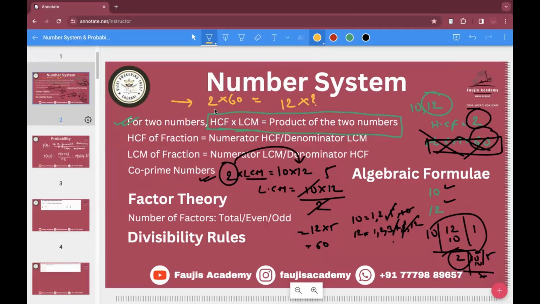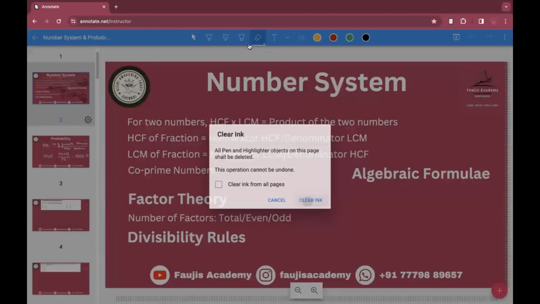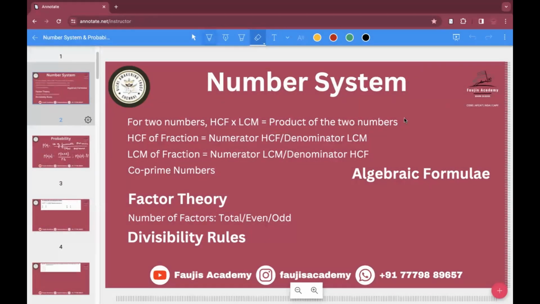So we got HCF and LCM. Look once more, you guys. We took some numbers, 12 and some other number.